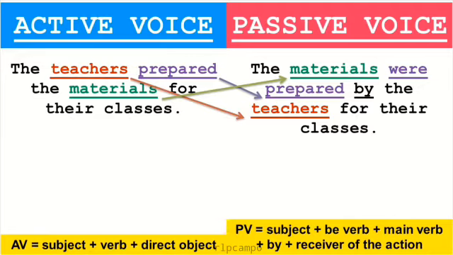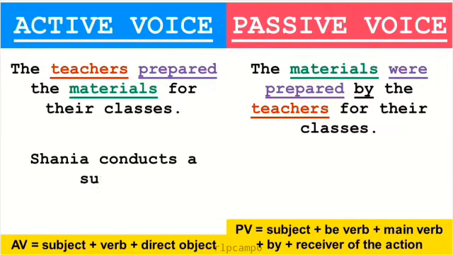Another example, Shania conducts a survey. The subject or the doer of the action here is Shania. The verb is conducts, then the direct object is survey.